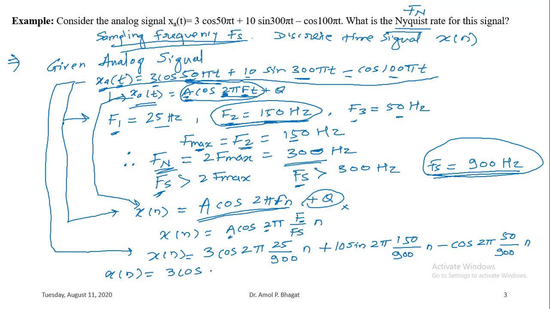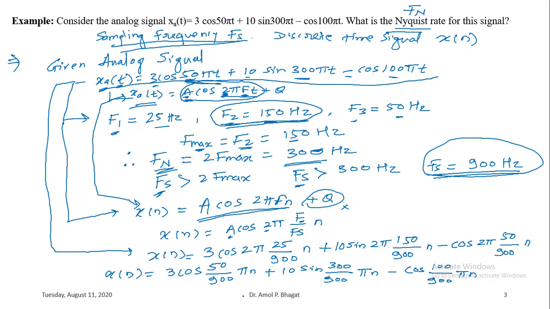So it is nothing but simply, I can rewrite this signal as 3 cos 50 upon 900 pi n plus 10 sine 300 upon 900 pi n minus cos 100 upon 900 pi n.